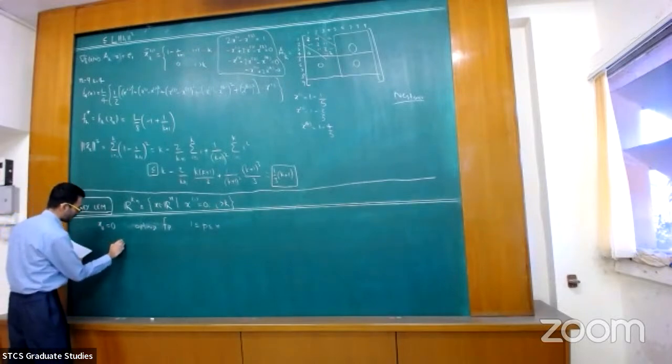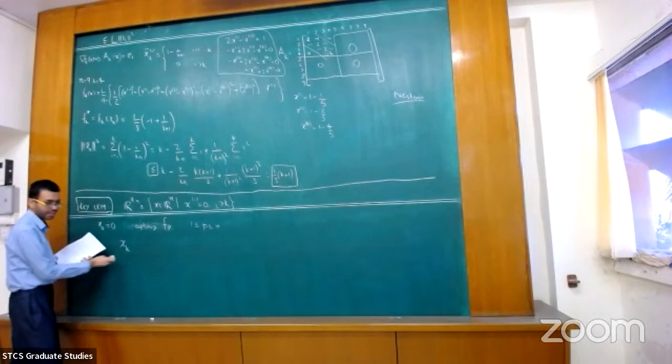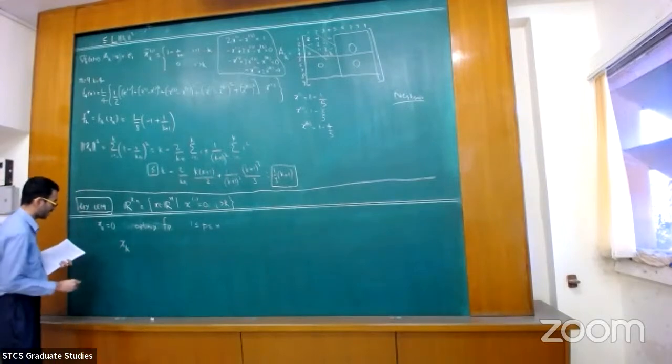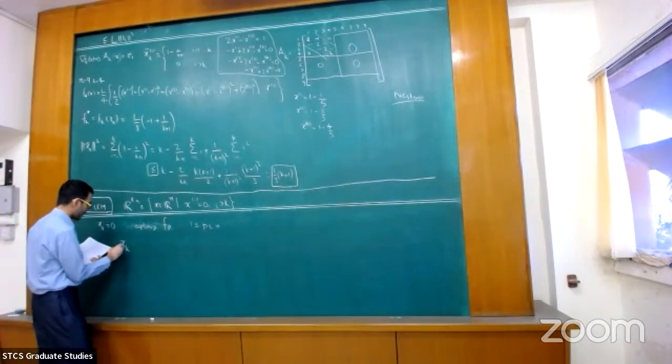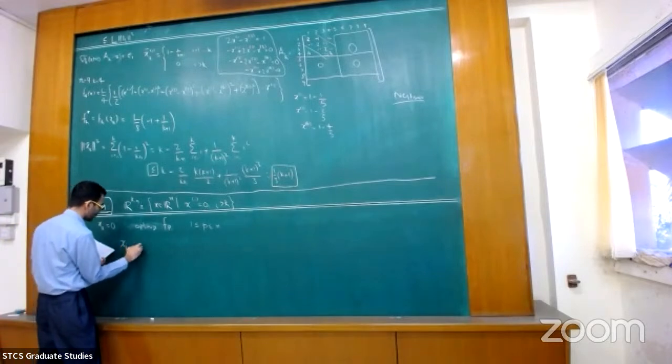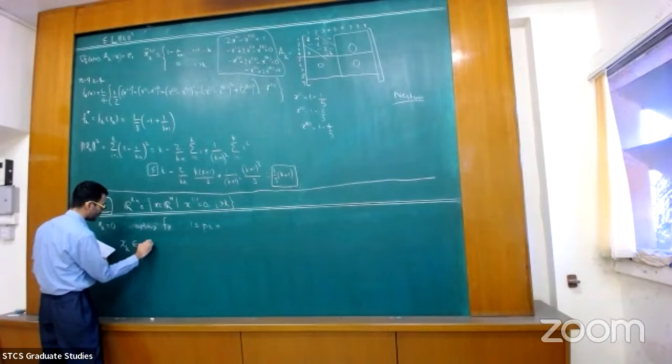So xk is your iterate. And remember that here xk is a linear combination.